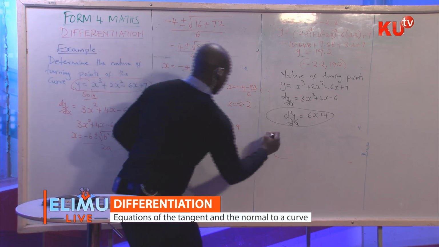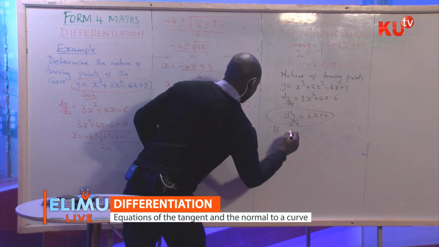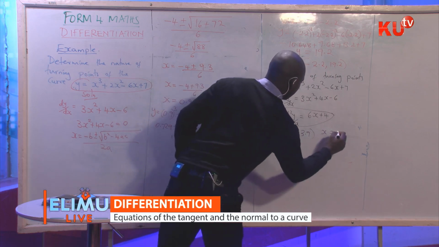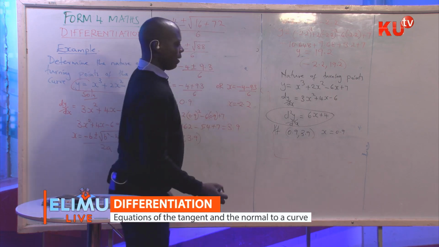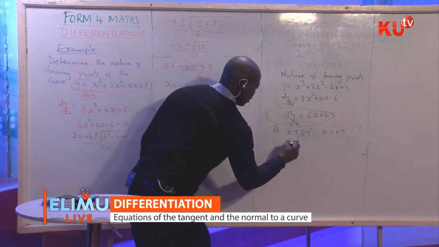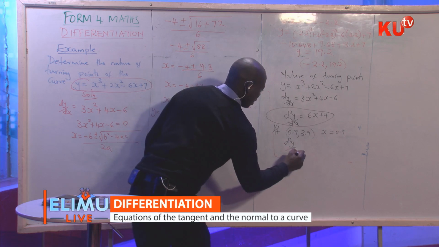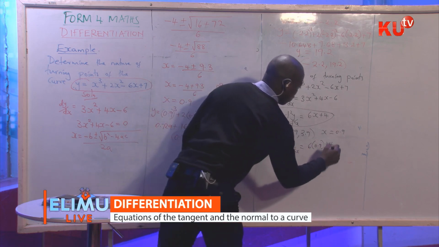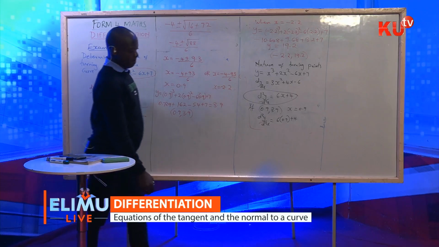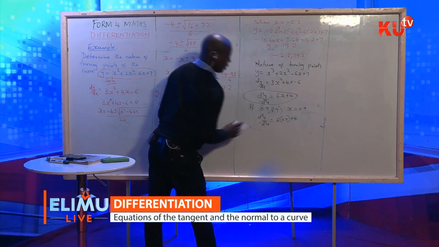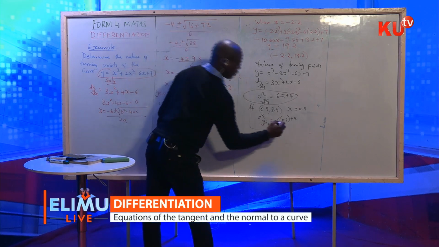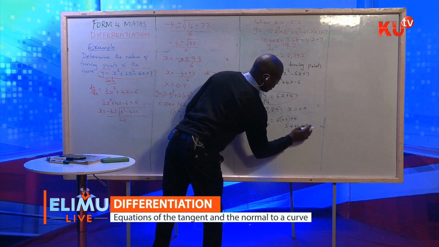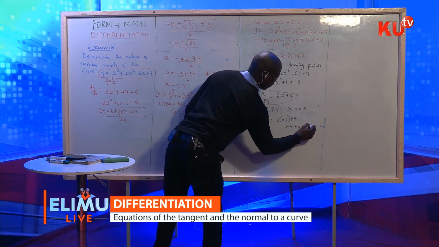So at the point 0.9, 3.9, our x is 0.9. Therefore, d squared y over dx squared is 6 into 0.9 plus 4. Work out this one. We have 5.4 plus 4, that is 9.4.